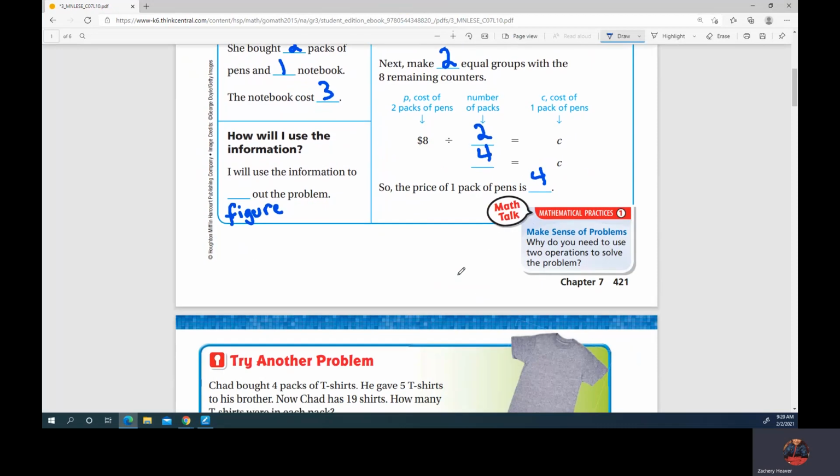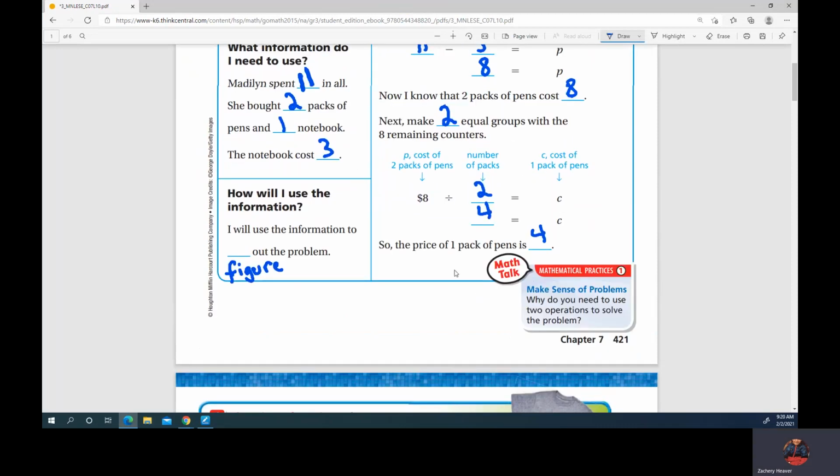Let's see if it's right. She spent 11, and she bought 2 packs of pens and a notebook, so $4 plus $4 plus $3. 4 plus 4 makes 8, 8 plus 3 equals 11. That's how you know that it is true.